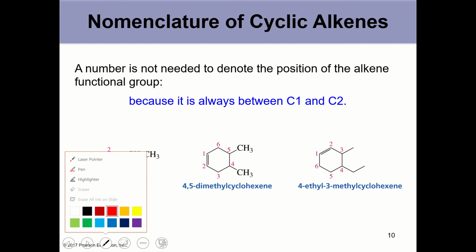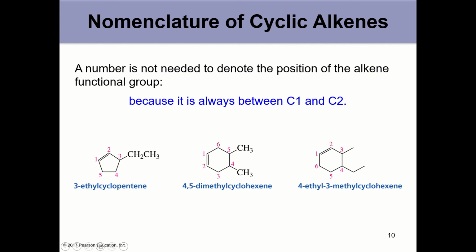They have to be carbons 1 and 2. So if we did number it in the other direction, then this would be 1, this would be 2, then we'd have a 3, 4, and the ethyl group would be at carbon 5. That would not give us the lowest possible numbering. And that is why they chose to number in the direction that they did.